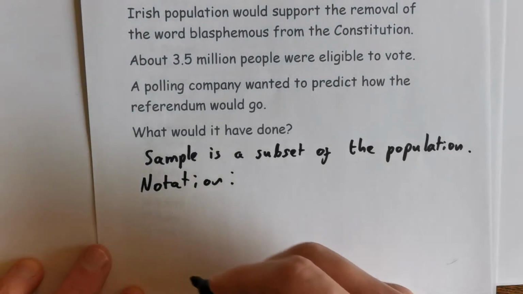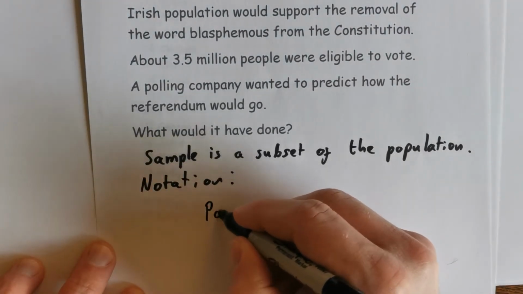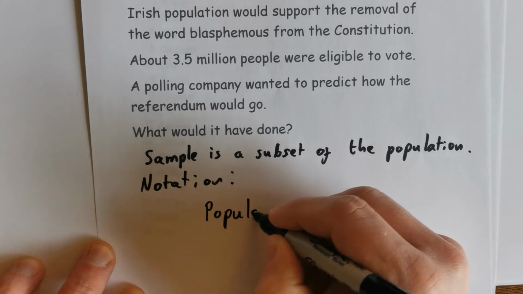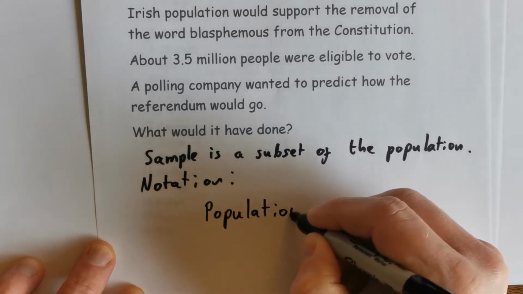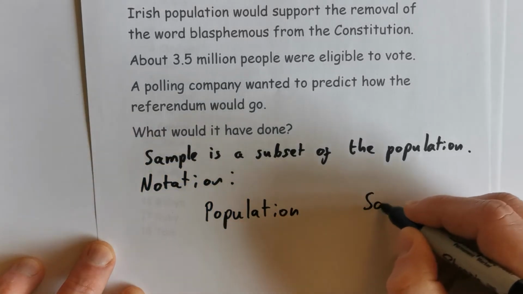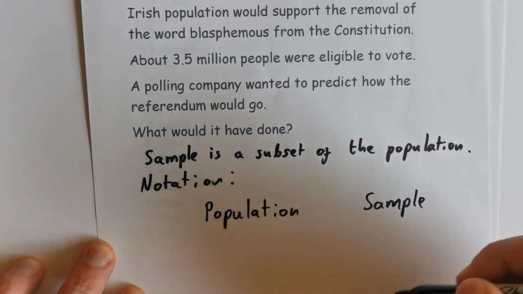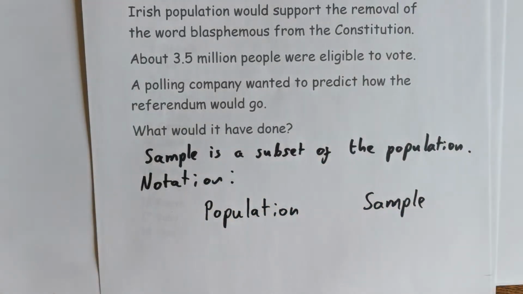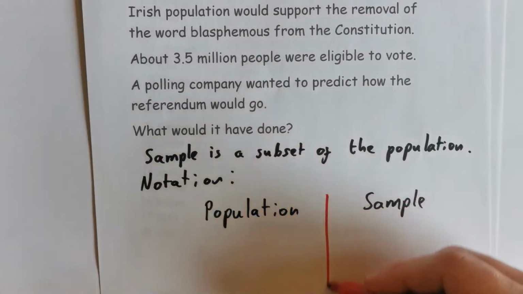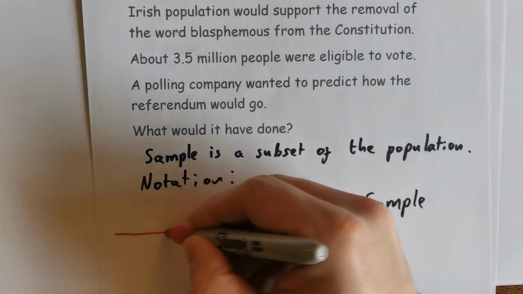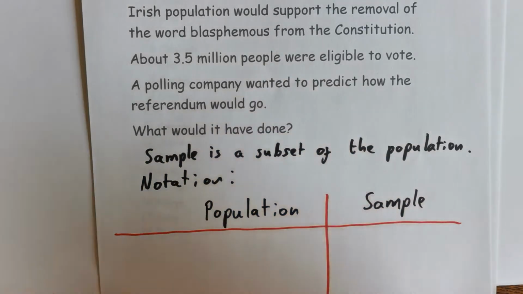So one thing we can talk about is the population, and the other thing we can talk about is the sample. And remember, the sample just exists within the population. The sample is a subset of the population. And I just want to talk about the notation we use.